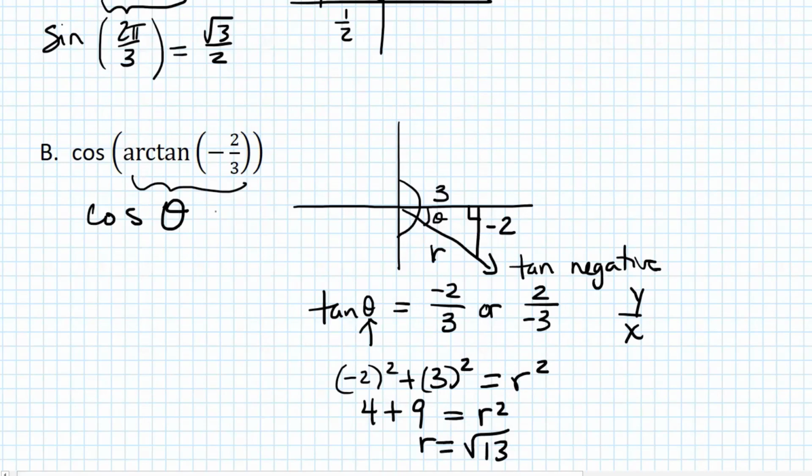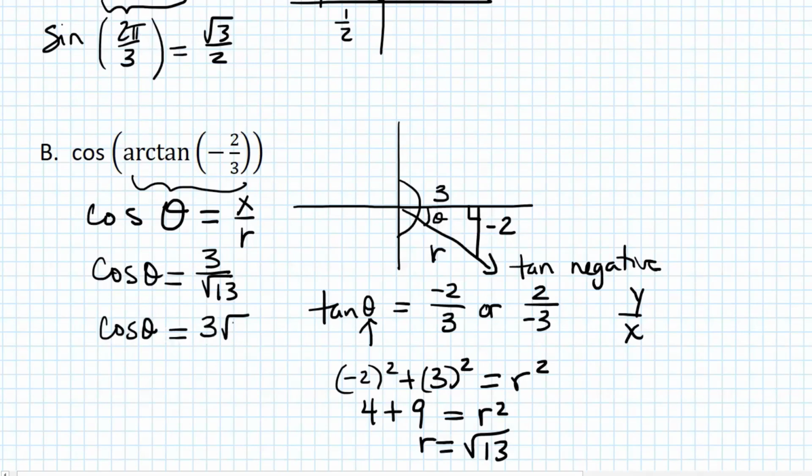So the cosine of theta is going to be x over R, adjacent over hypotenuse. In this case, cosine of theta would be 3 over square root of 13, right? Of course, you can rationalize it by multiplying by root 13 over root 13. You get 3 root 13 over 13, and you're done.